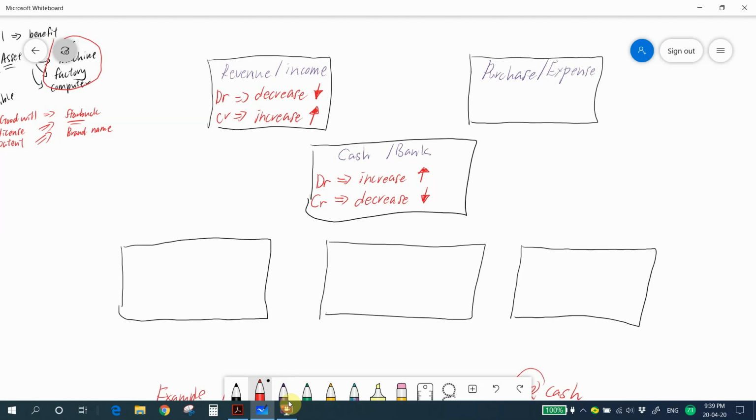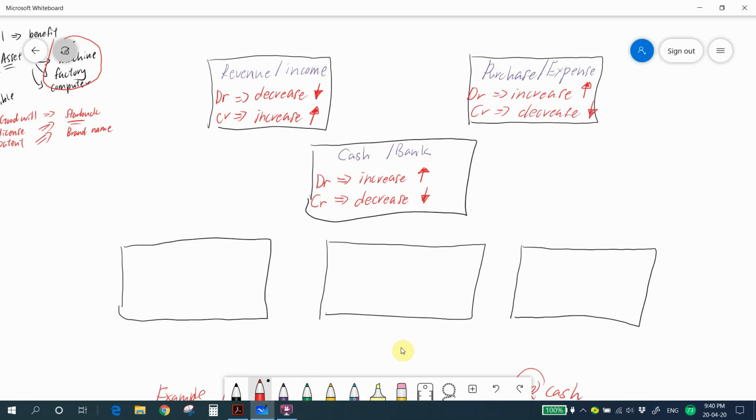For purchase and expenses account, when we record a debit, it means this is increase on your purchase or expenses. When you record a credit, it means this is decrease on your purchase or expenses.